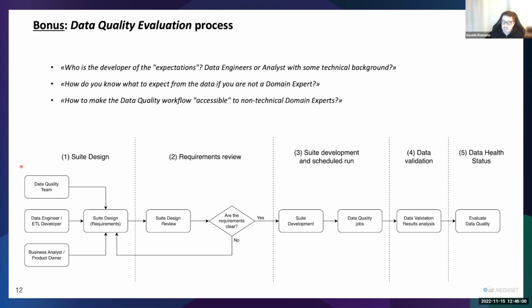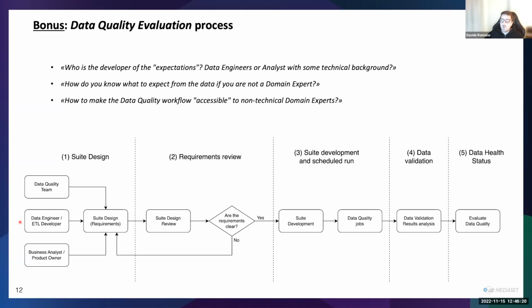Who is in charge of compiling the requirements document? Basically, the domain expert. It may be the case that you want to evaluate the quality of the data in a table that is used in a business intelligence layer, then maybe the domain expert should be a business analyst.